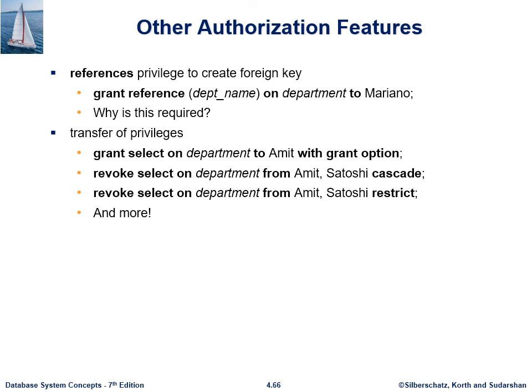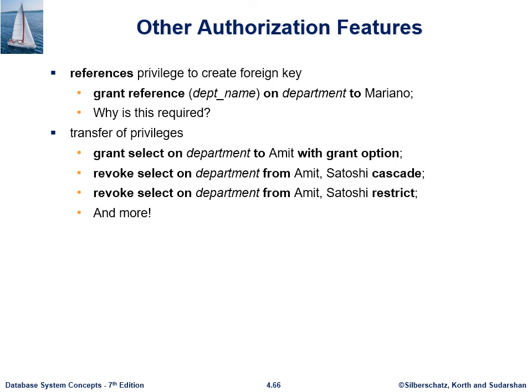We also have some other special cases about privilege transfer. For example, if we grant a privilege to user A, and user A can also grant that privilege to other users, then we must explicitly write that out.